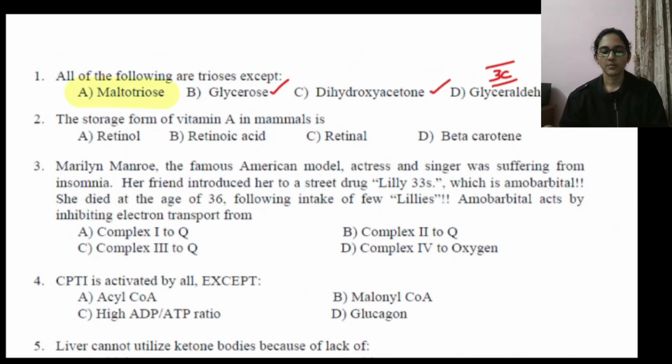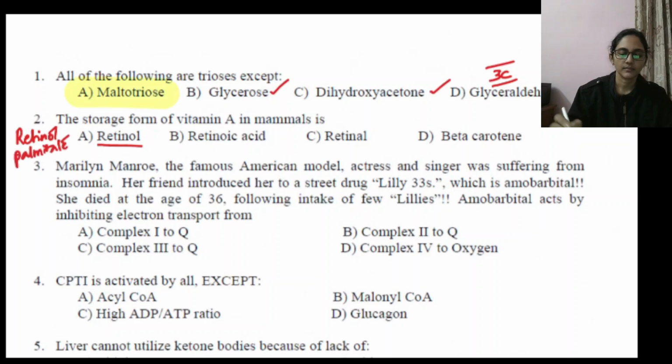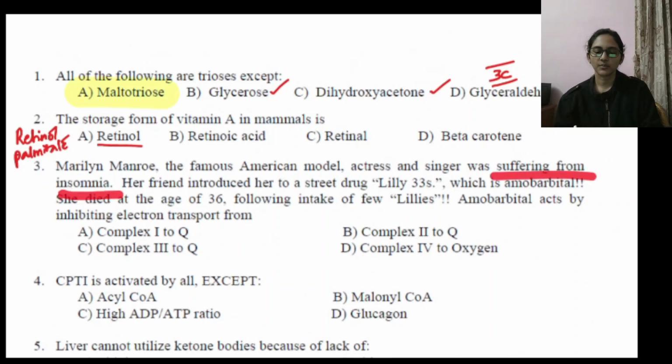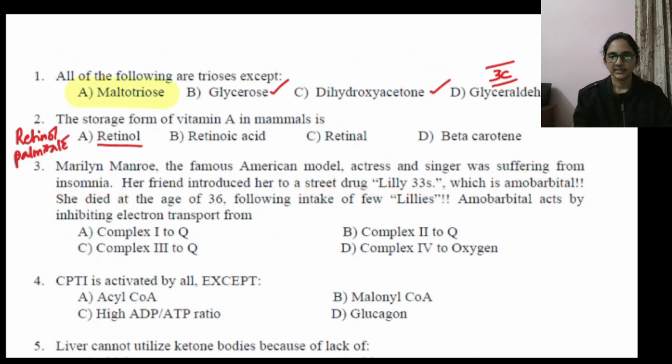The storage form of vitamin A in mammals is retinol. It's retinol palmitate, to be very correct. Marilyn Monroe, the famous American model, actress, singer, was suffering from insomnia. Her friend introduced her to a street drug, Lily 30, which is amobarbital.